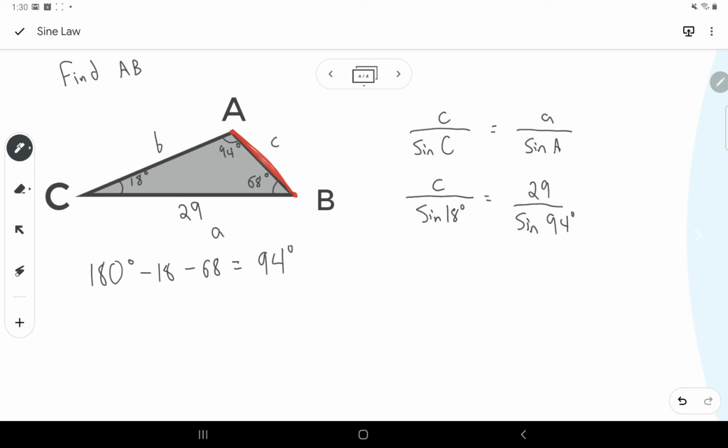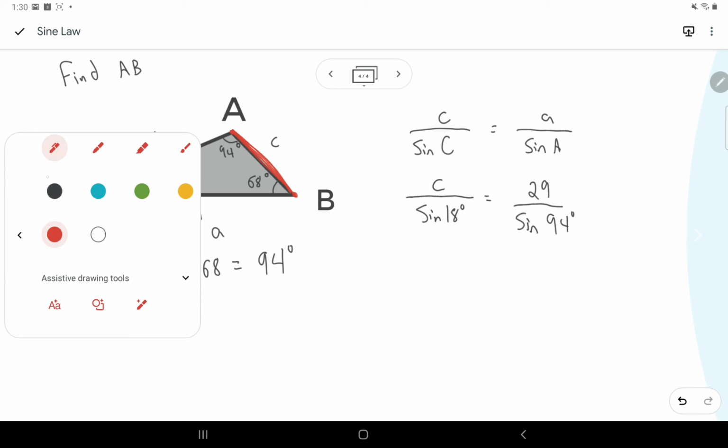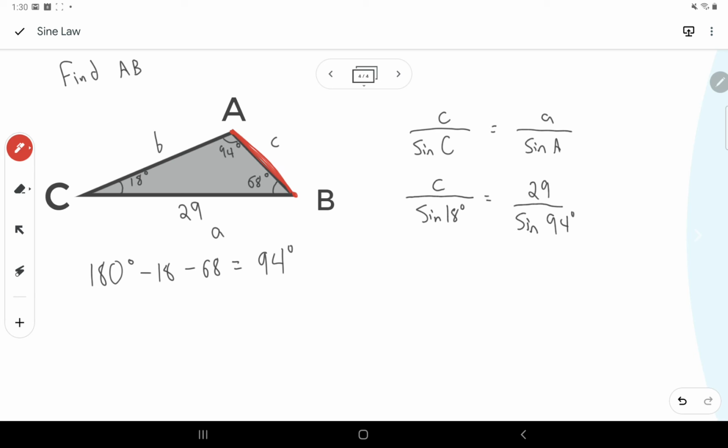Okay, we've plugged in the values. Now it's time to isolate the variable. We want to get this c on its own. We have this divided by sine of 18, so we've got to get rid of that. To get rid of something in math, we do its opposite. We have a divide by sine 18, so we must do the opposite, times, by the thing we want to get rid of. So we're going to multiply by sine 18.